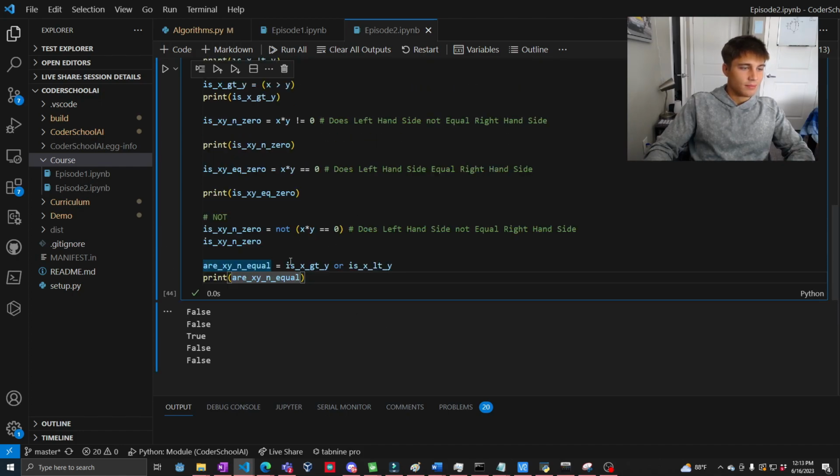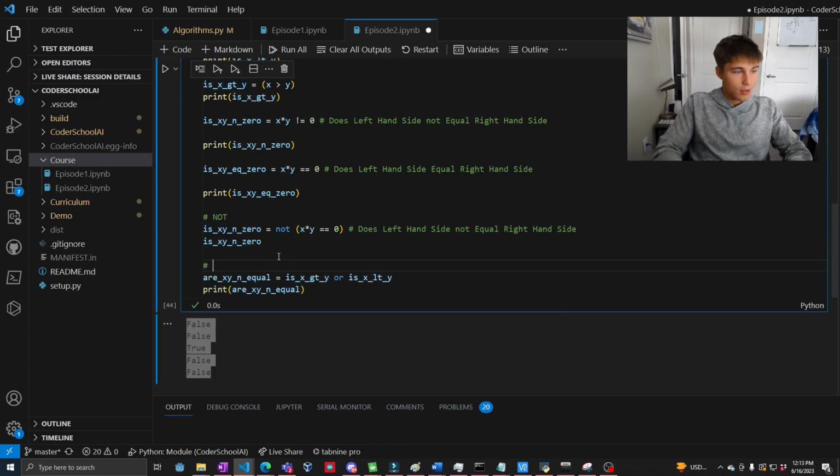Because, okay, 6 is not greater than 6, and it's not less than 6, which means that even though we said or, sorry, getting ahead of myself, even though we said, are either of these true, right? Is this one true? Is this one true, right? Print that expression. Well, neither of these were true, so this value never changed.